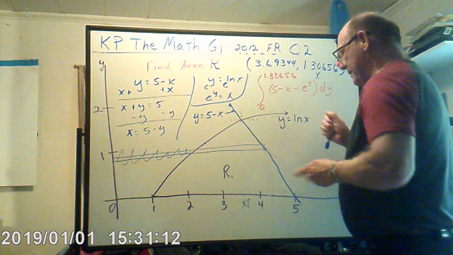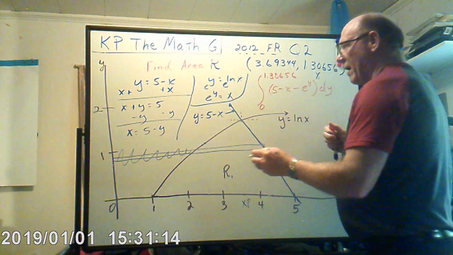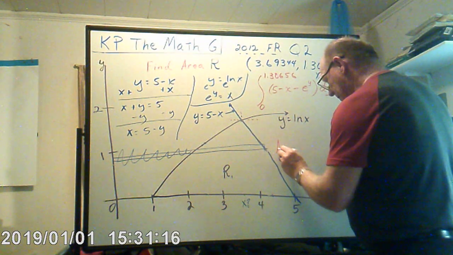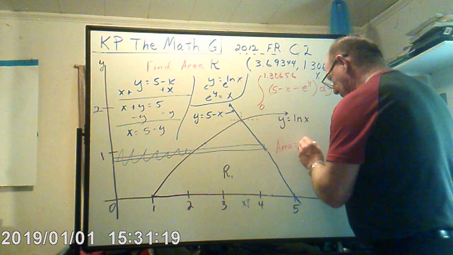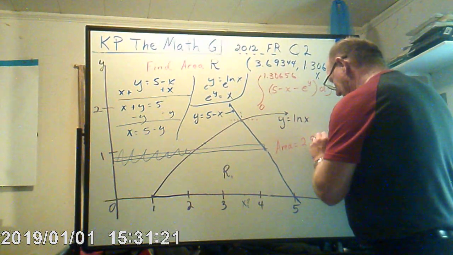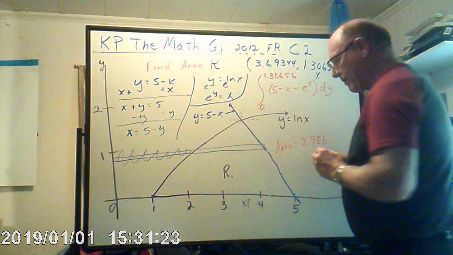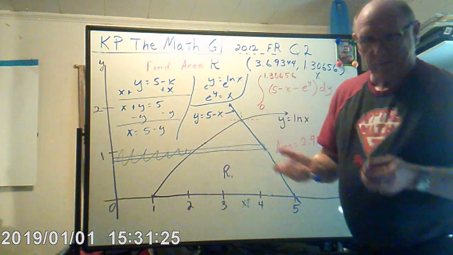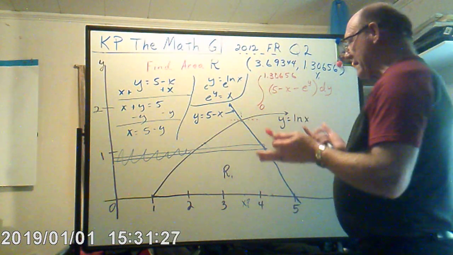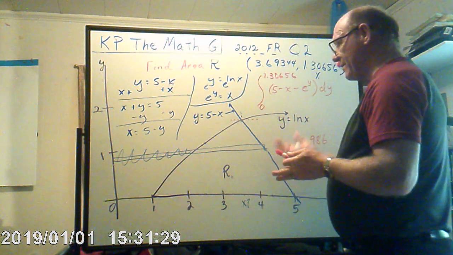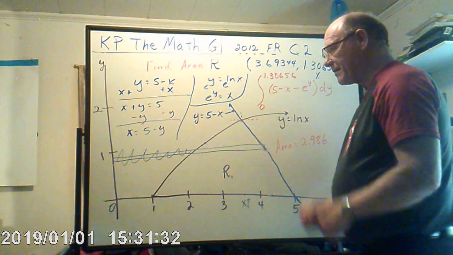Alright, so in this case, this area equals 2.986. Alright, that would probably be in square units, but it doesn't have any units here, so this is just all we're getting here.